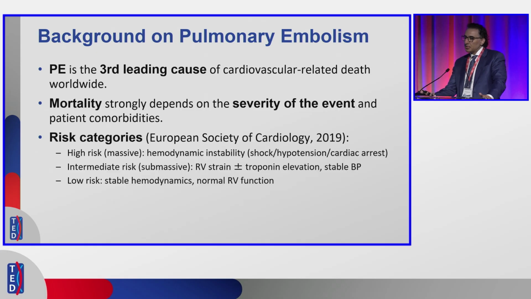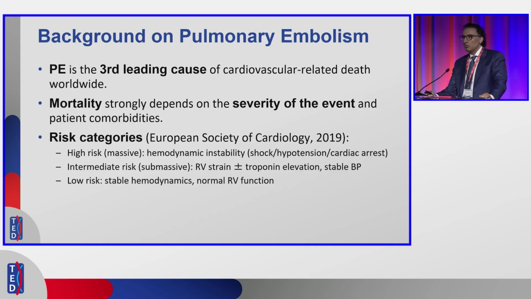Basically, the severity of the PE is divided into three categories: high risk or massive PE, where there's hemodynamic instability, shock; intermediate risk or submassive PE, where there's evidence of right heart strain, most commonly diagnosed on CT scan and we can see on echocardiogram, elevation in their troponin levels and their pro-BNP; and then low-risk patients that have stable hemodynamics and normal RV function.